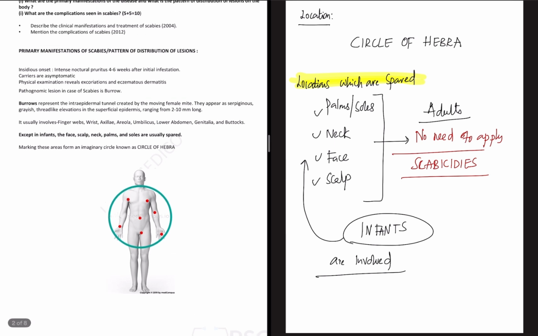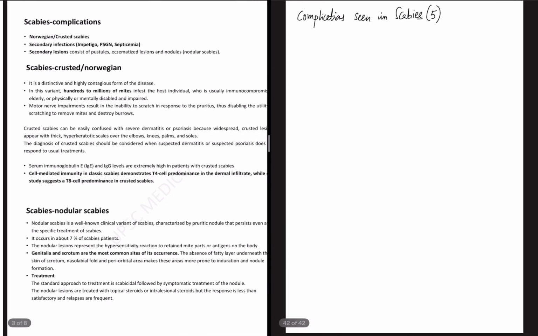So if they ask you the primary manifestations of scabies, or the pattern of distribution of the lesions, I am talking about the circle of Hebra. There will be itching and excoriations. The characteristic lesion is the burrow, and you need to mention the locations which are involved and the locations which are spared. That will conclude a 5-mark answer.